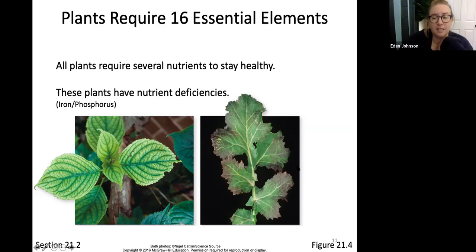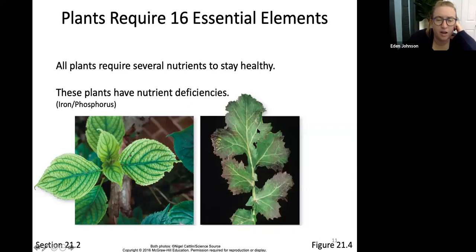In these plants, you can see some nutrient deficiencies. Here is an iron deficiency where basically you can just see all of the vasculature in here, and it's sort of lighter green wherever you don't have a vein, and that's because it leads to this chlorophyll imbalance.